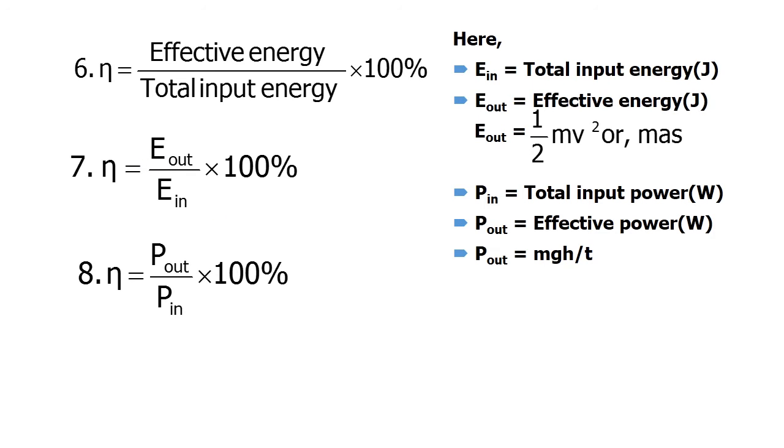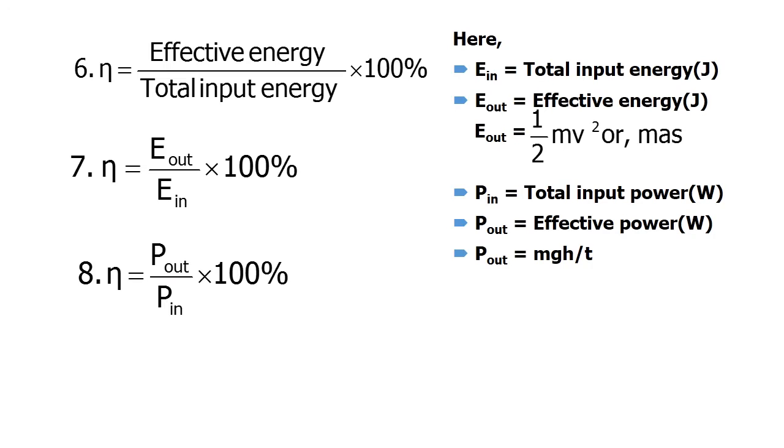If the effective output energy or input energy is not given, then we can calculate the output energy or effective energy by using two formulas, which are half m v square and M A S. And if in the STEM the input power and the output power are given, then we will choose the formula eta equal to P out divided by P in into 100%.